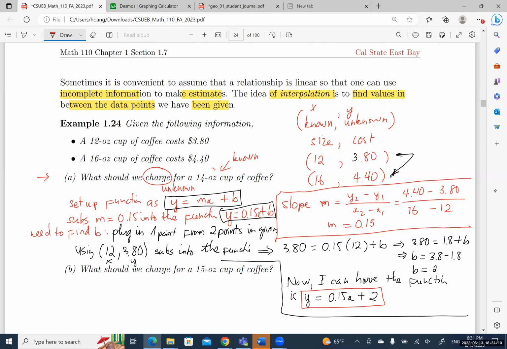Now I will use this function to find the cost when I have size equal to 14. So for part A, if size is 14, then we have x equal to 14.